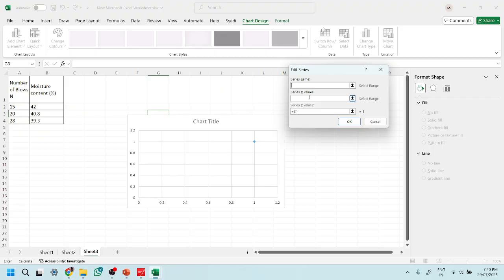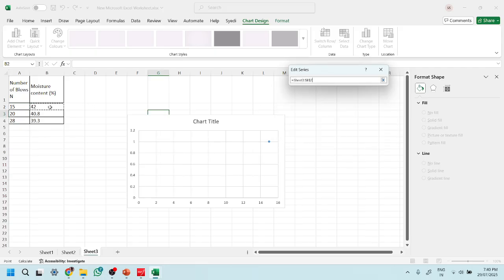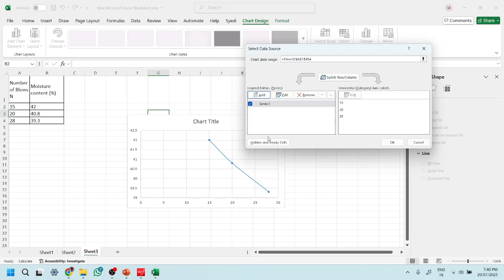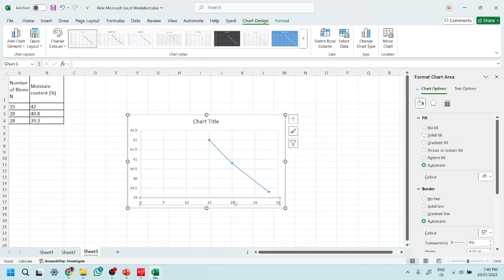X axis is the number of blows, y axis is the moisture content, and the x axis has to be in logs.